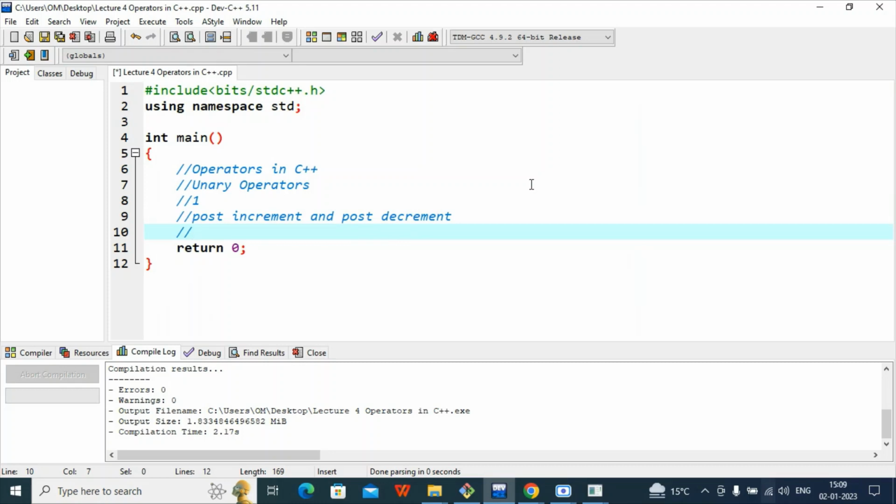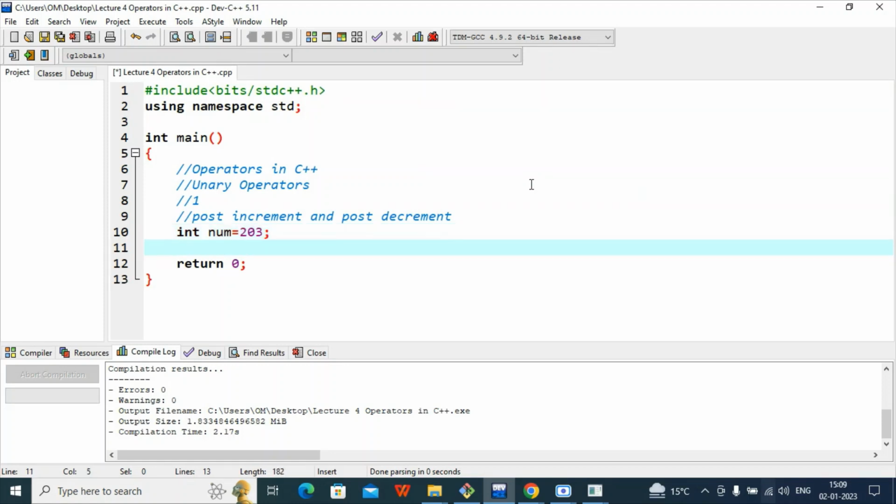Okay, let us proceed. Suppose I have int num is equal to, let us take some different value, otherwise you will think every time I am taking num is equal to 10. Maybe I have some plans in my mind regarding that value, right? So let us take int num is equal to 203. Now, first is post increment.